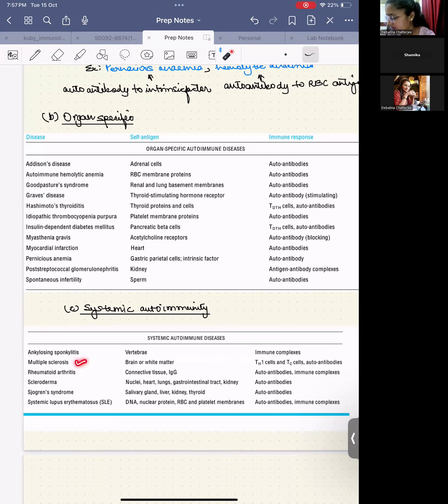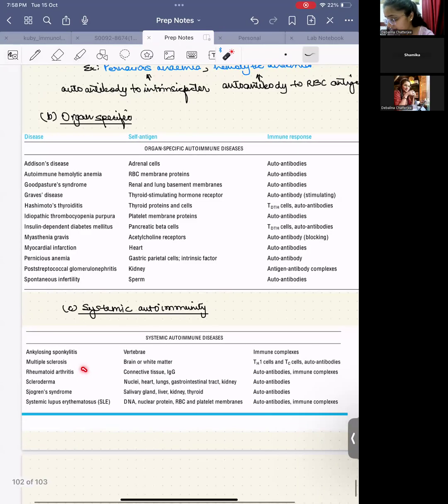Similarly, in multiple sclerosis, Th1 cells and Tc cells, along with the autoantibodies, are mediating the damage of the brain white matter. Rheumatoid arthritis and systemic lupus erythematosus are the most studied examples of systemic autoimmunity.